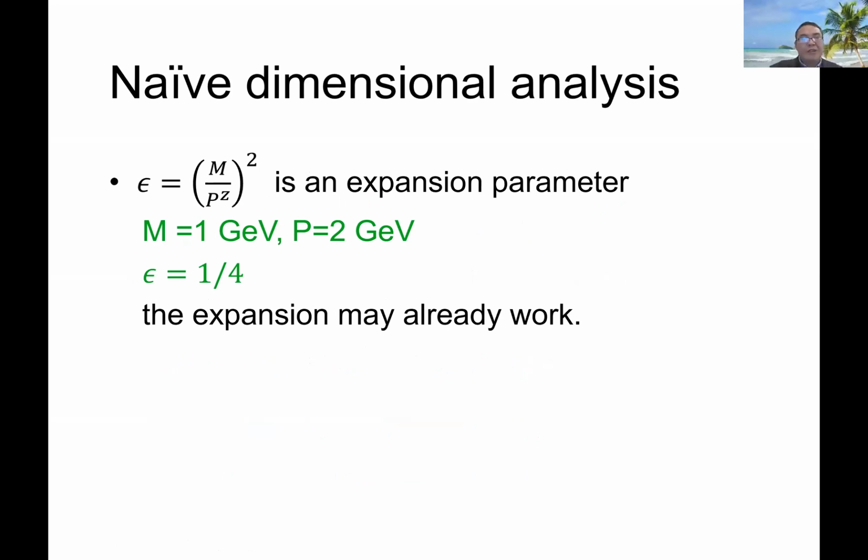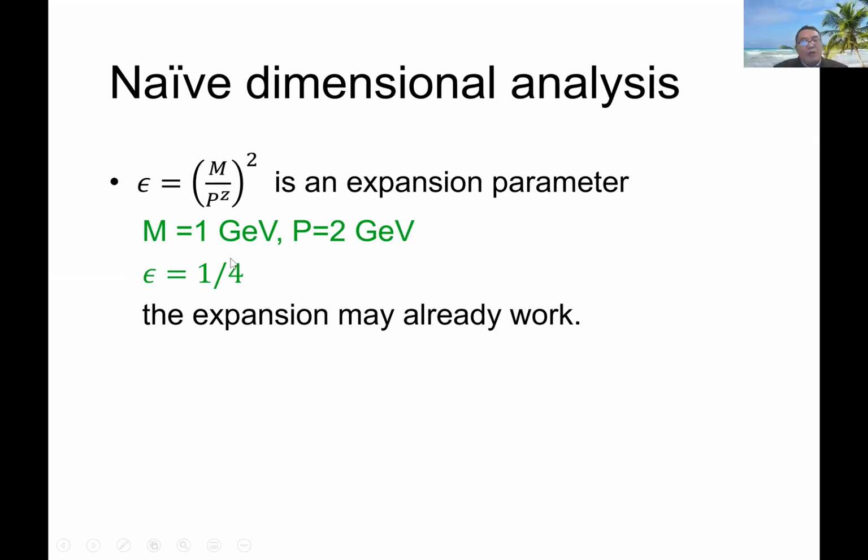So let's call it epsilon, and let's do a naive dimensional analysis. The hadron mass divided by pz, squared, is the expansion parameter. The hadron mass is typically 1 GeV. So if a hadron is moving at 2 GeV, then you get an expansion parameter of a quarter.